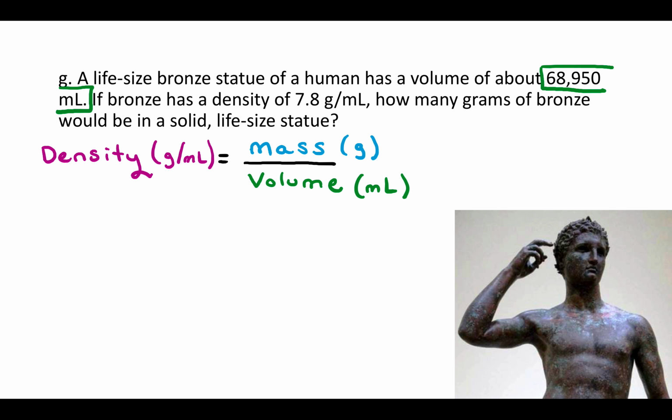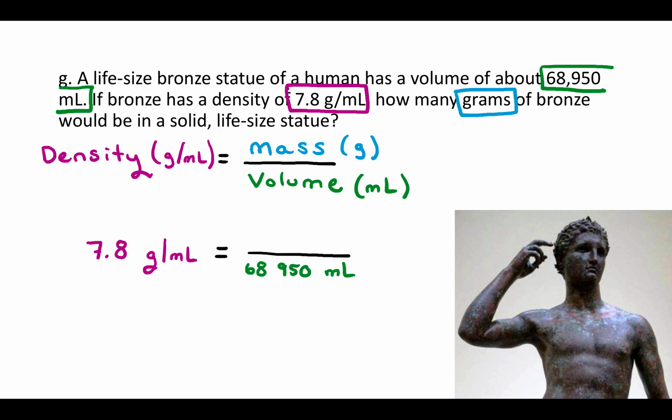The first number they give us is 68,950 milliliters. We can put that in the denominator in our equation. The next number they give us is 7.8 grams per milliliter. That's the density. I can plug it in for density in the equation. And they ask for how many grams of bronze would be in a solid life-size statue. Well, grams is mass, so we're going to be solving for mass.